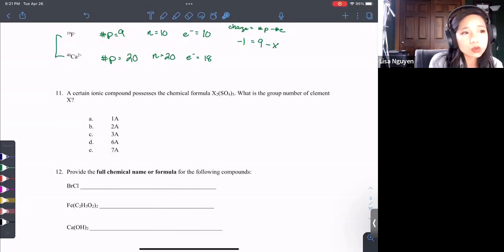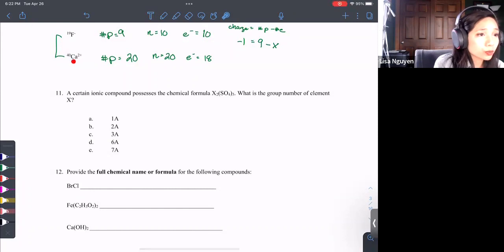It typically gains 1 electron to get a noble gas configuration. Same with any group 7 element. Fluorine, chlorine, bromine, all of them typically make -1 anions, versus calcium, which is a group 2 element, so it typically loses 2 electrons to achieve its noble gas configuration.